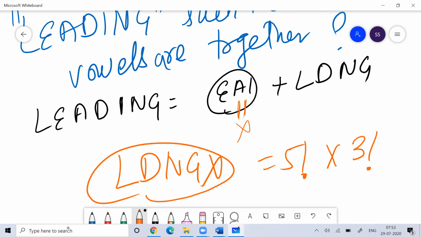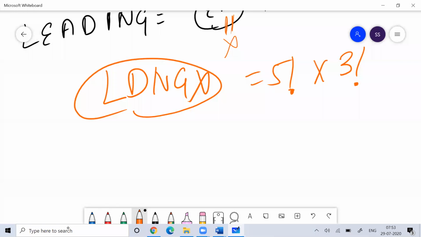So that would be 5 factorial into 3 factorial. You just combine those, and then within themselves, they can change their place.